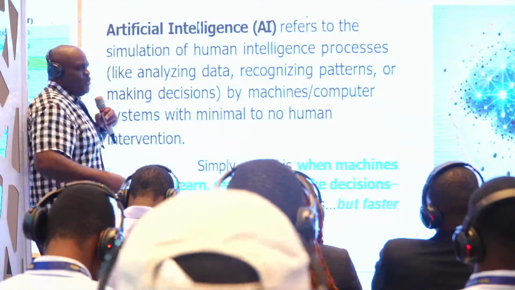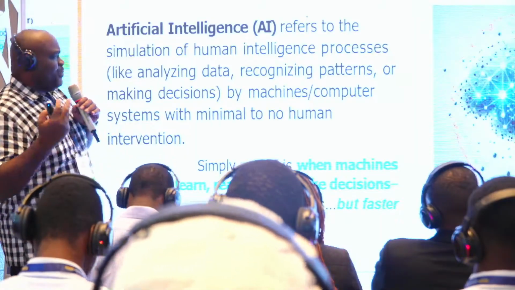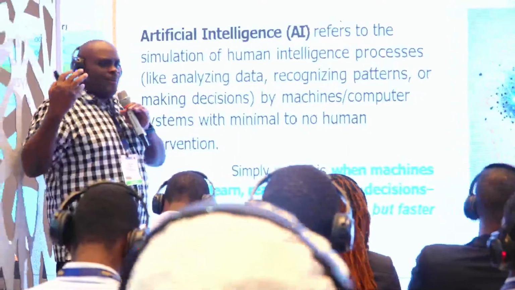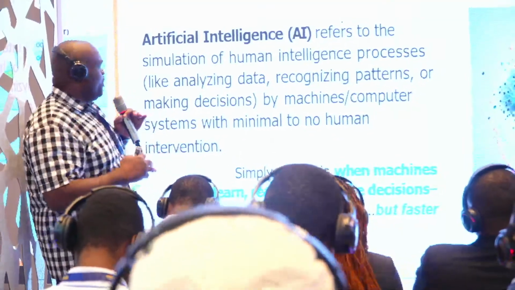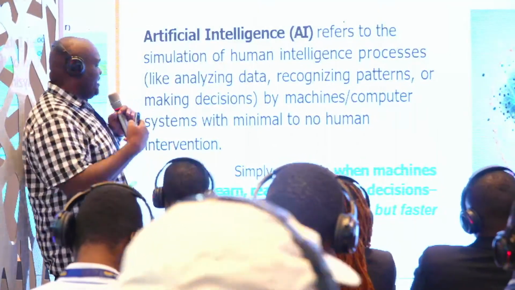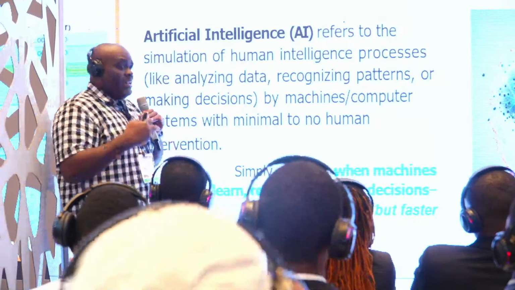So basically, we have all been hearing about AI. To some, it might look very big and complex, but actually it's a simple thing. AI refers to the simulation of human intelligence processes, like analyzing data, recognizing patterns, or making decisions, by machines or computer systems with minimal to no human intervention.